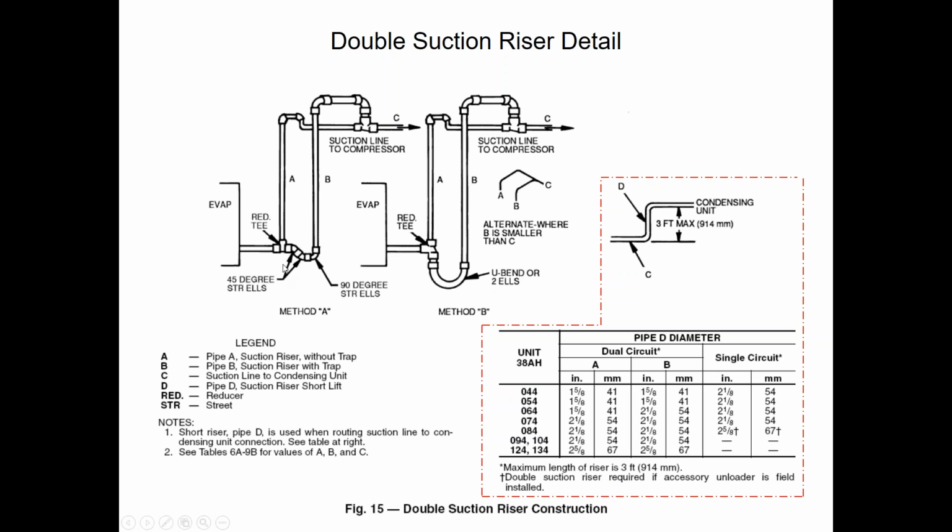What I would encourage you not to do is use those preformed traps. Those things are real deep, and just think about a lot of oil storing in there. We want as little oil in there as possible. We want to fill this trap up as quickly as possible at minimum load so we can get on this A pipe right away and start returning the rest of the oil in the evaporator. Okay.